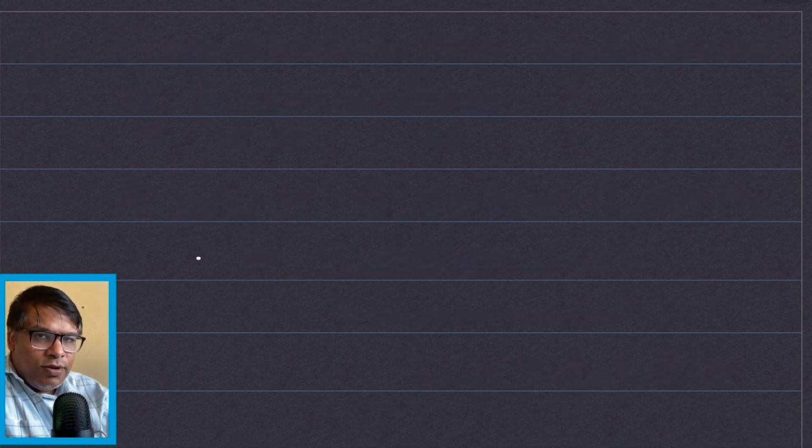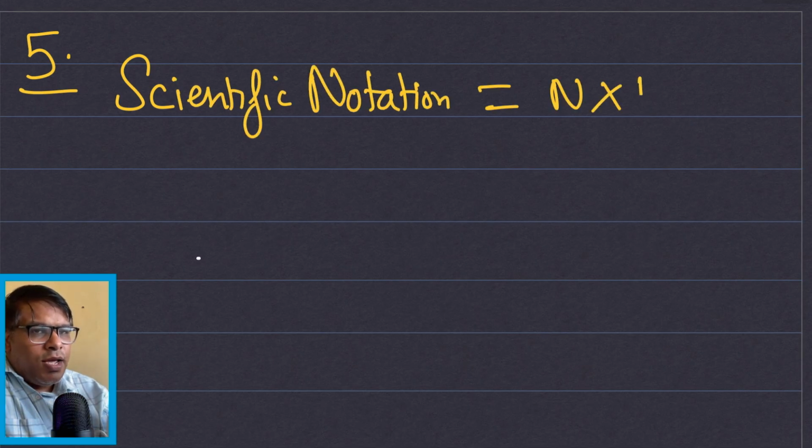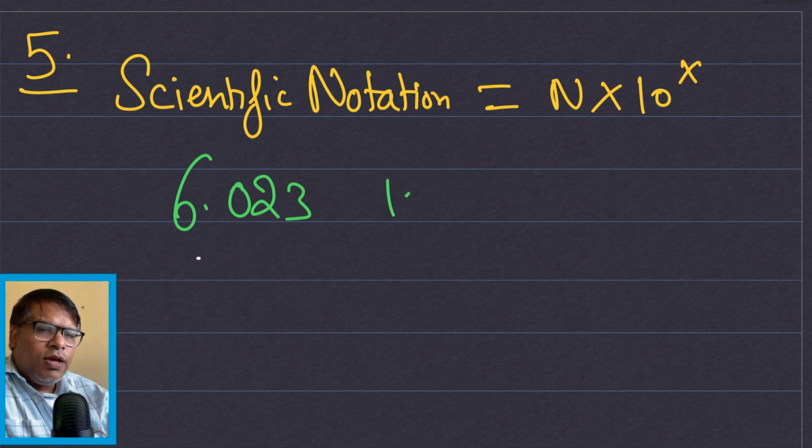Next, let's suppose you are going to write something in scientific notation. Yes, I will teach you how to write. Then we write N times 10 to the power x. Let's suppose you write the Avogadro number: 6.023 times 10 to the power 23.